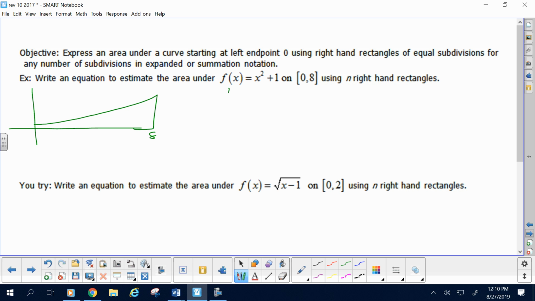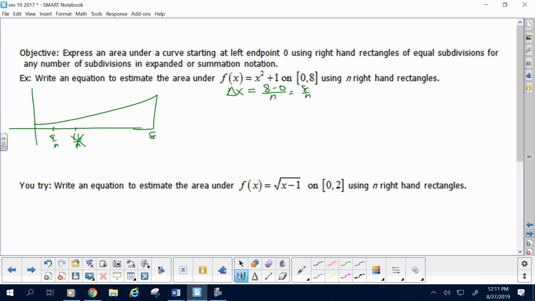What's the delta x? If I take a region of 8 and divide it into n chunks, then the width of each is 8 over n. All right, cool. Now, if I then mark 8 over n, and I know you want to write 16 over n, but don't.